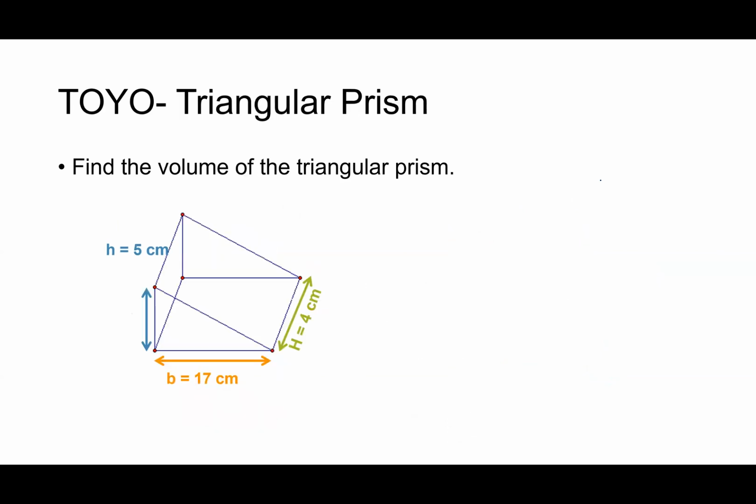Okay. Next one. All right, what's my first line of work, please? That's okay. You can give me the first line of work though. And then what? Times height of the figure. 1/2 base times height of the figure. Because remember, we're finding a three-dimensional prism.